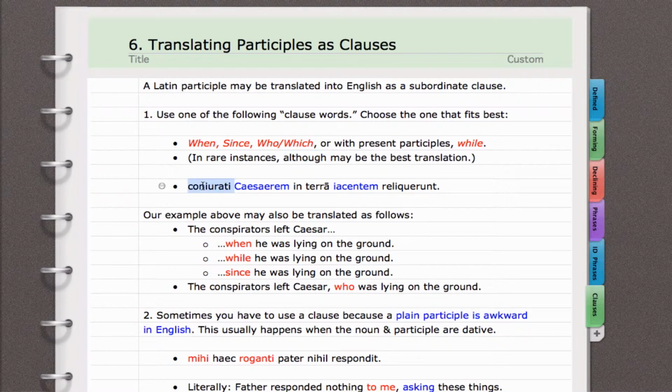So here's our example again in this sentence. It may be translated as follows: the conspirators left Caesar. Instead of simply "lying on the ground," we could say "when he was lying on the ground," "while he was lying on the ground," "since he was lying on the ground," or "the conspirators left Caesar who was lying on the ground." There could be a couple of different legitimate translations. You're going to pick the one that fits the meaning of the context best.